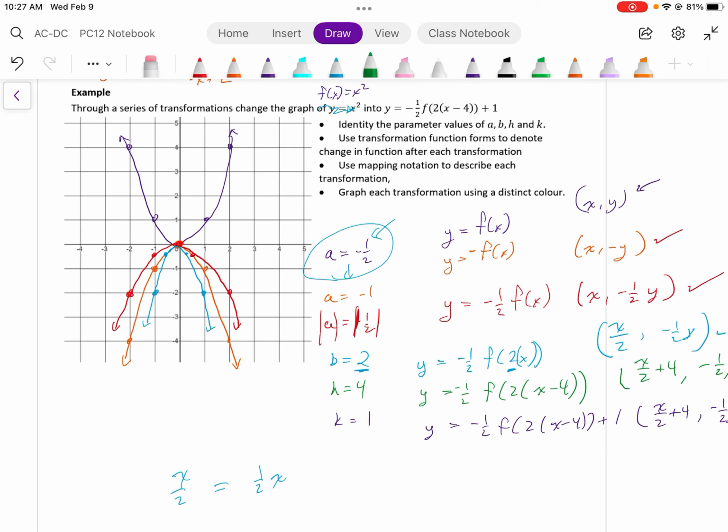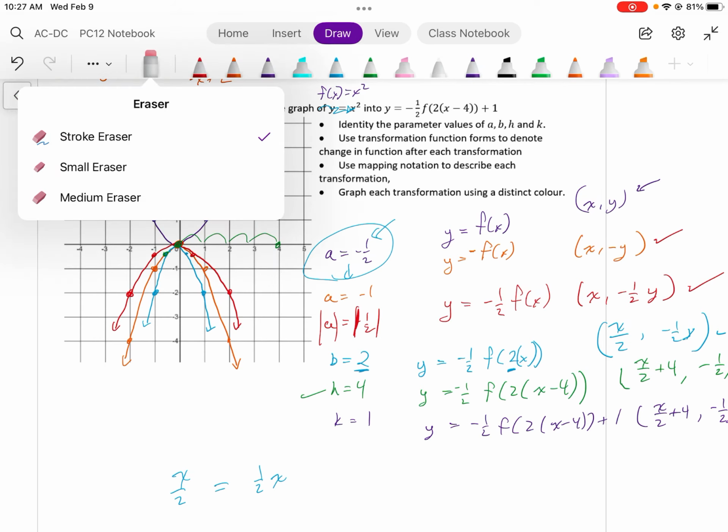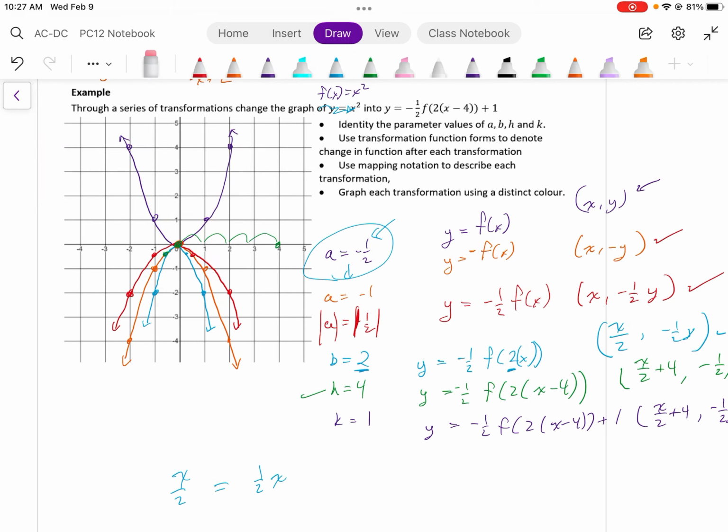So now I need to move my graph 4 units over to the right. And now I'm working off the blue. So 1, 2, 3, 4. I'll probably take the vertex first. And then I'm going to move this blue point right here over 4 units.